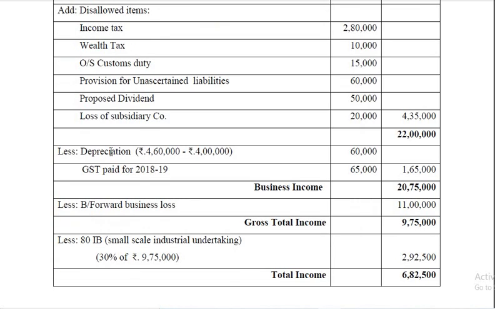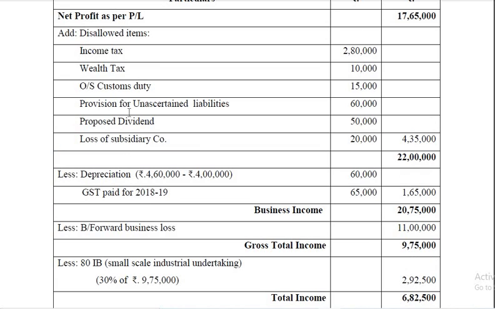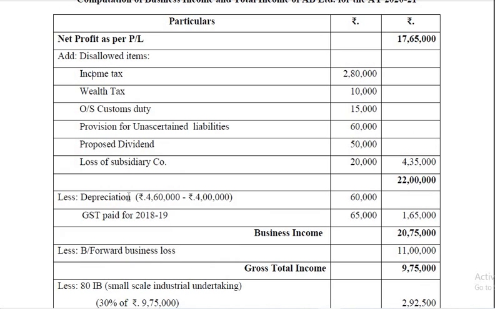Now you have to deduct the depreciation. So depreciation, here we have taken the net value. Otherwise, what you can do is you take 4 lakh here, you add 4 lakh and deduct 4,60,000. The net effect will be one and the same. So I have taken the net value.